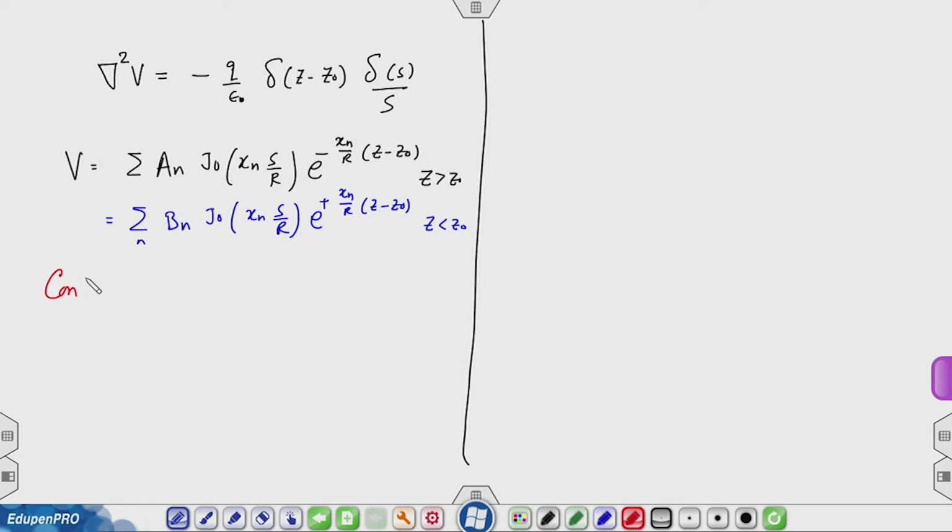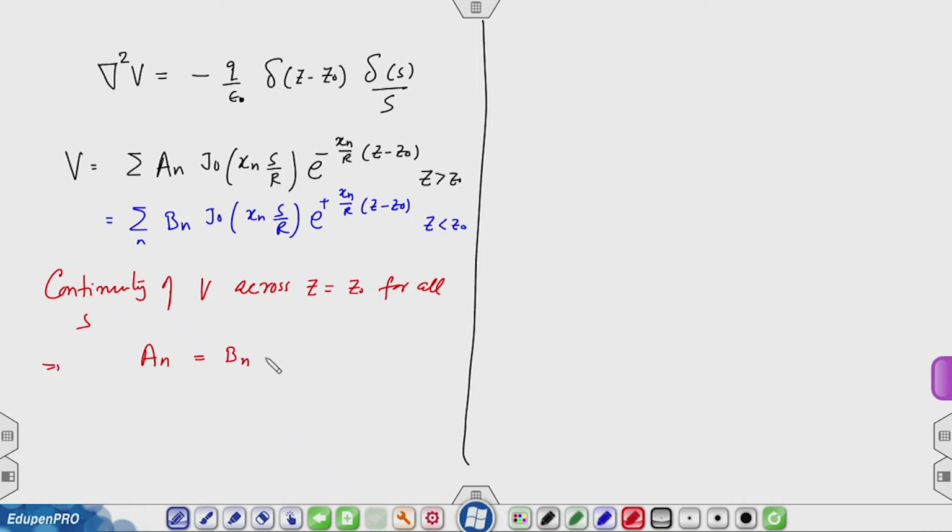Continuity of V across z equals z0 for all s implies that a_n equals b_n.